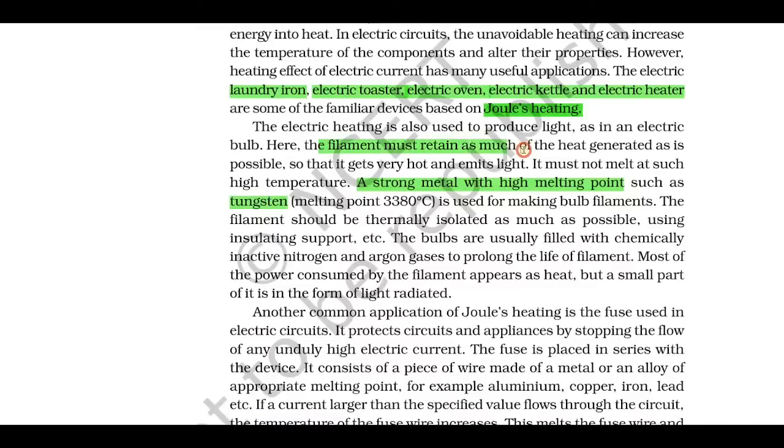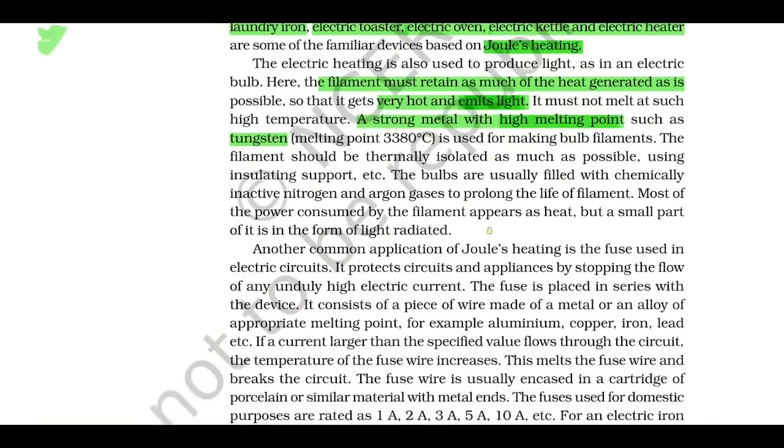The filament must retain as much of the heat generated, and it emits light. The very important property of tungsten is that when it gets heated up, it emits light, and it also has higher resistivity and a high melting point. In case it is asked for 2 marks, you should mention all these points: high melting point, high resistivity, and it emits light on heating.